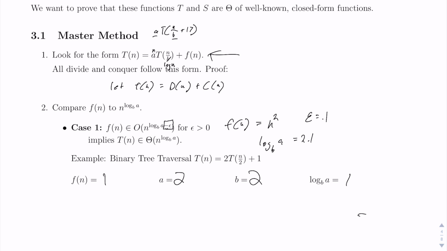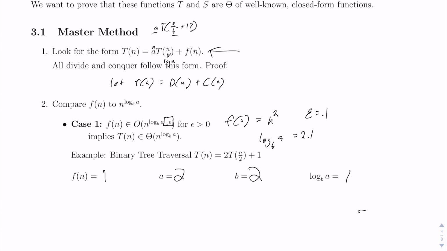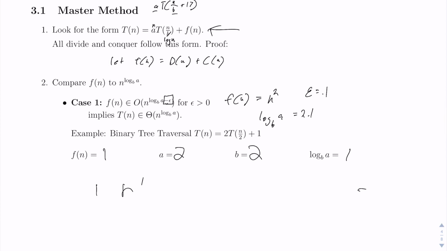Right, 1. So now what we're going to do is compare f of n to n to the log base b of a. So we have 1, and we're comparing that to n to the 1. We're in case 1, so we want to check that 1 is big O of n to the 1 minus epsilon.